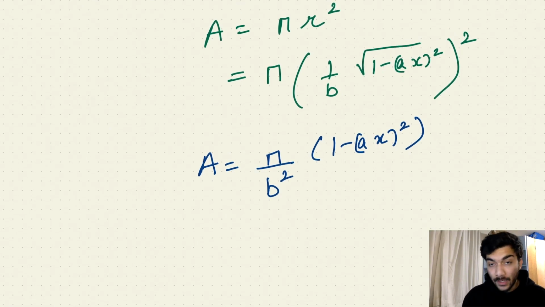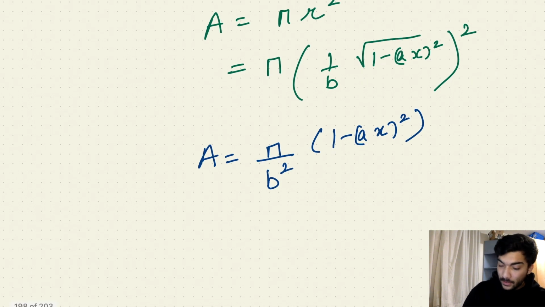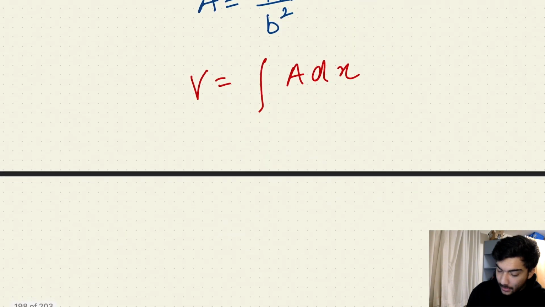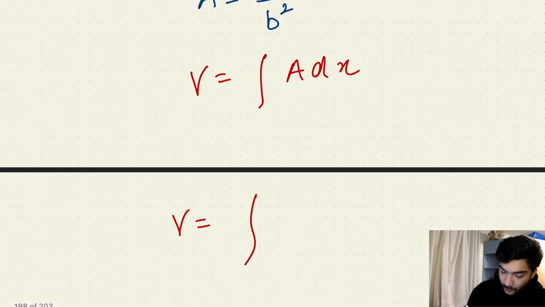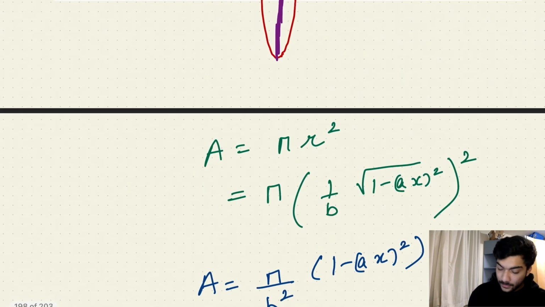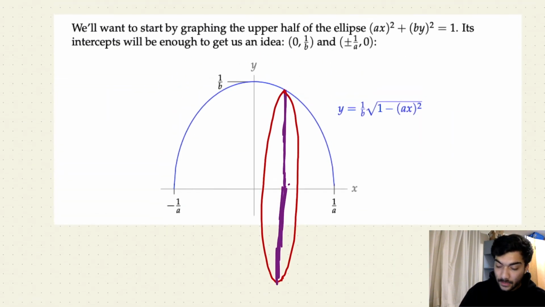So now we have the area, we just have to calculate the volume in this case, right? And the volume, we know that it is basically integral a dx. So our a in this case is the same thing, pi by b square, 1 minus ax to the whole square with a dx.